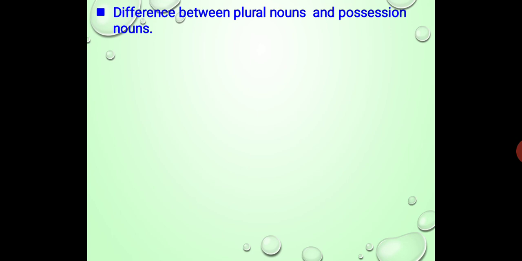If we are speaking the boys, the girls, we don't understand whether they are plural or in a possession form. But when we write them, we identify them by the sign. Let's see with the examples.